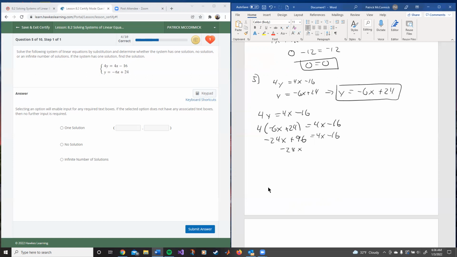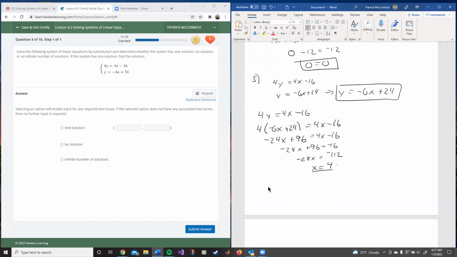So I get -28x plus 96 equals -16. Subtract the 96. So I get -112. Divide that by 28. I get positive 4.